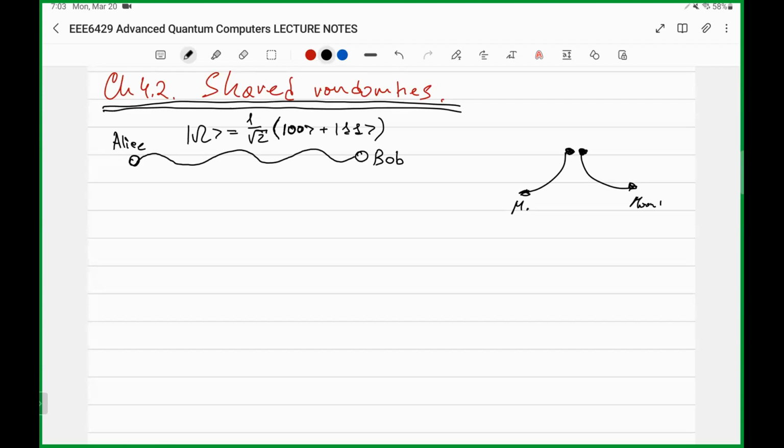But the point is that when we separated the qubits, there is no physical interaction between them. It looks like when we separated the qubits, we kind of created two versions of our universe, of our reality. And we don't know in which version of our reality we live before we do the measurement.